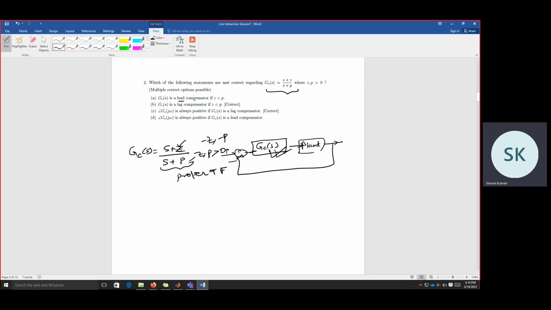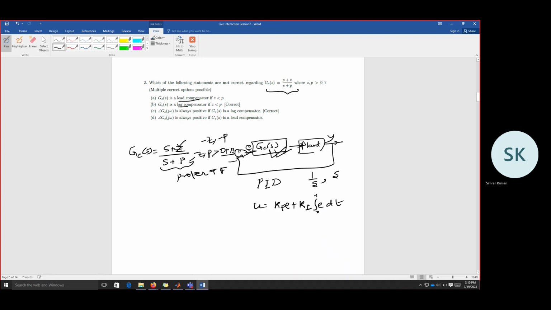It is asking about lead and lag compensators. When we were dealing with the PID controller, we said terms like 1 by S and S must be physically realized. How do you define this? Kp, and if this is the error signal, that is R minus Y, then u equals Kp e plus Ki integral of e dt plus Kd dE by dt.